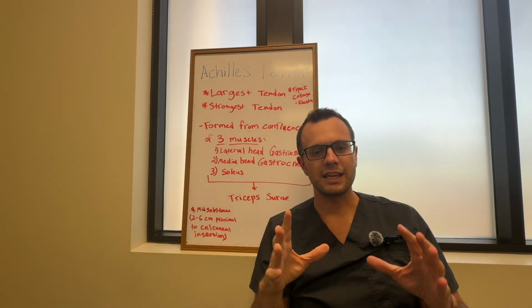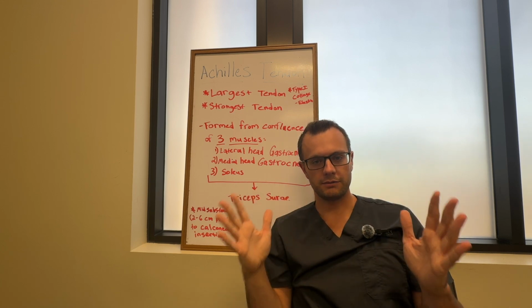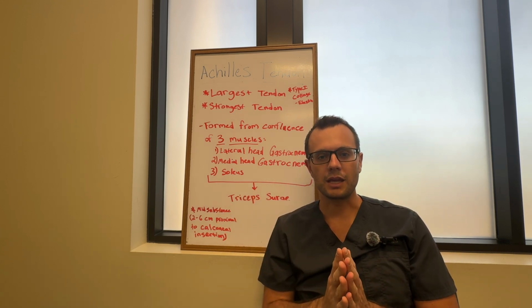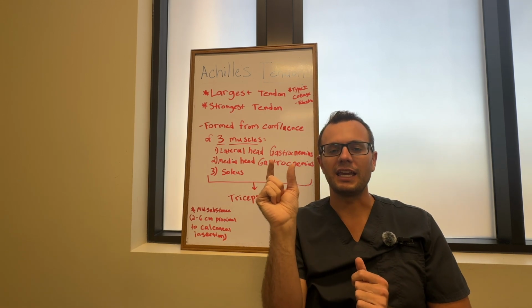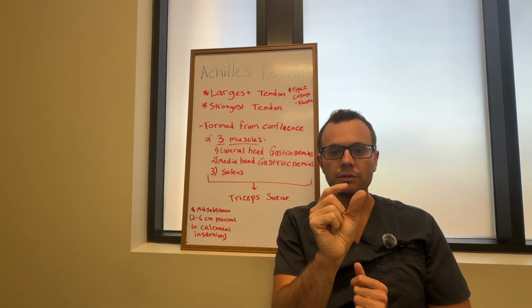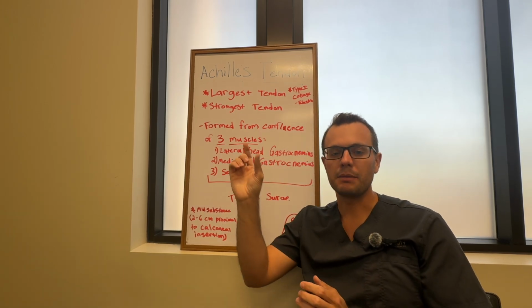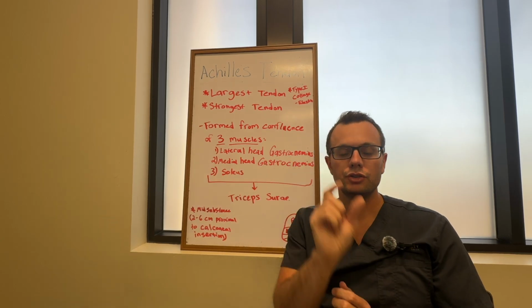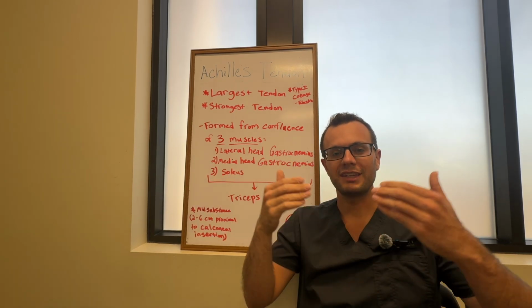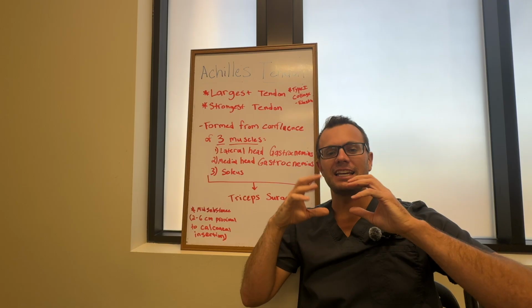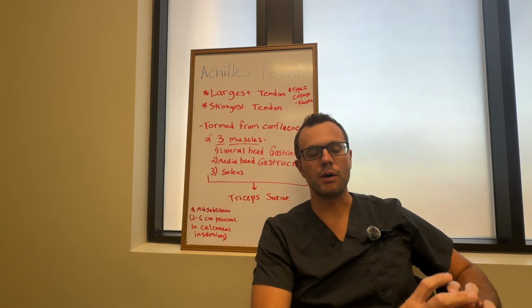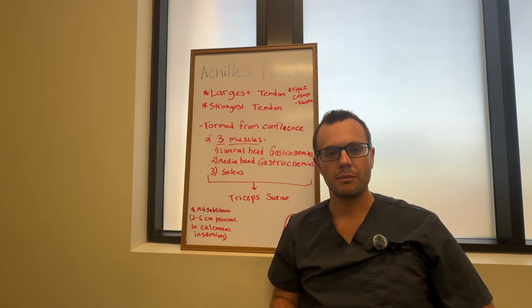And just an overarching perspective on connective tissue anatomy, a ligament attaches a bone to a bone, and a tendon attaches a muscle to a bone. And so if we're dealing with the Achilles tendon, the tendon is attached on one side to a bone and on the other side to a muscle.